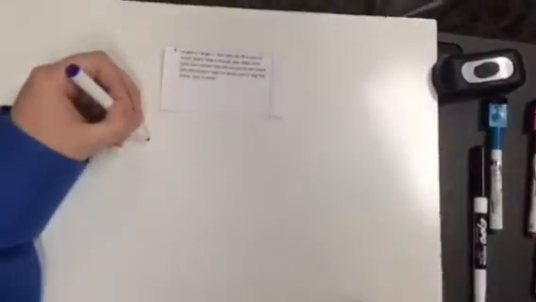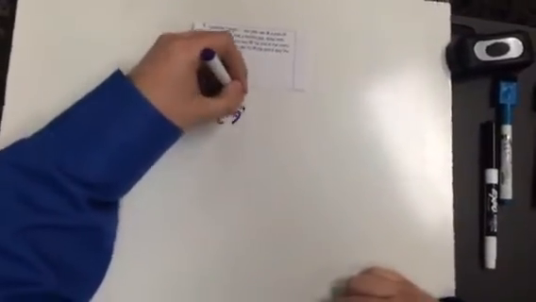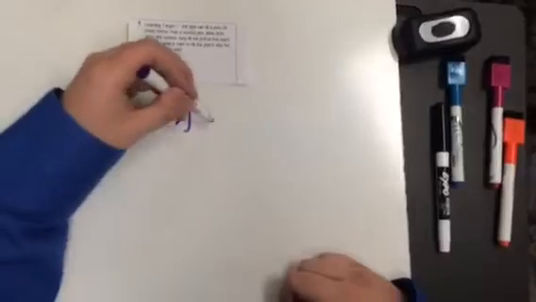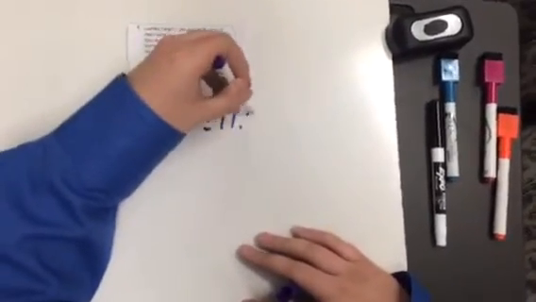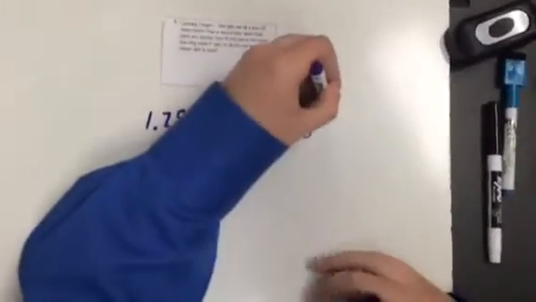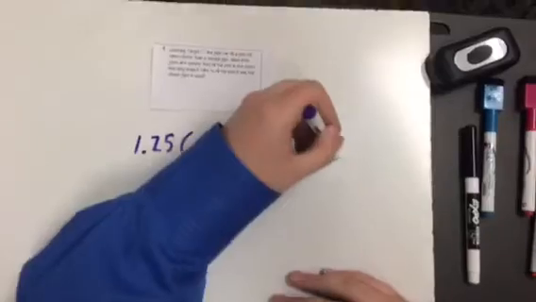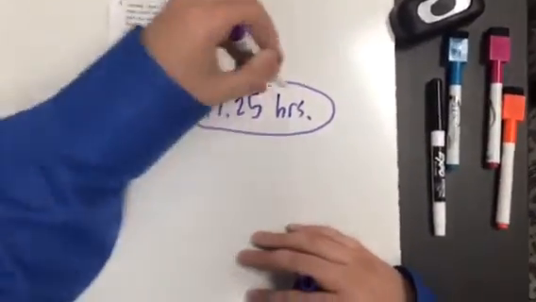So, to get our final answer, what we need to do is multiply 1.25 times 9, which was our value for p. Once you multiply that in on your calculator, you should get 11.25. So in this case, we can say that the slower pipe fills the pool in 11.25 hours. And that is your final answer.